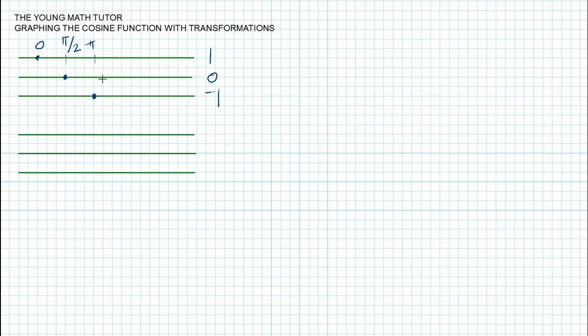At pi, cosine is negative 1. At 3 pi over 2, cosine is 0 again. So at 2 pi or 360 degrees, cosine is 1. So this is how it generally looks like. So that's one period.